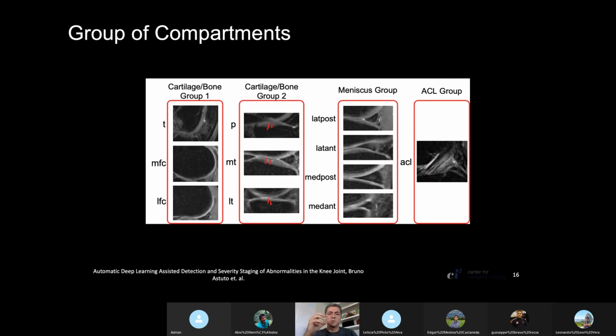The difference in contrast is what gives you the visibility of the structures, especially the cartilage in this case. So messing with the contrast would generate data that was going to be very different from the actual data that we collect, the actual MRI. So I did not use contrast.